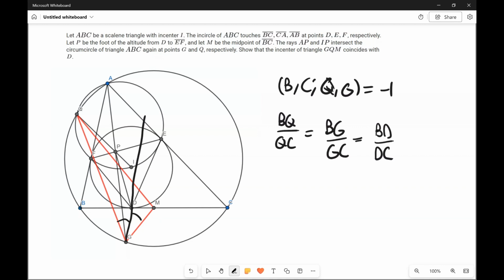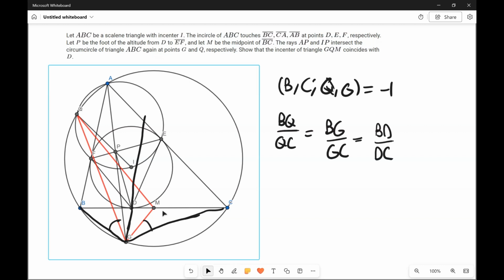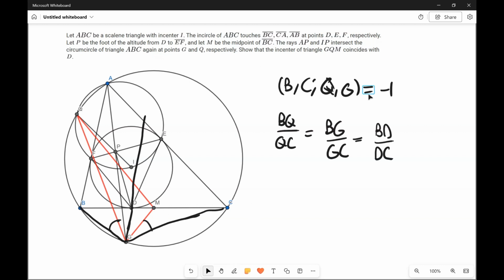So we have this line here and this line here. So once again, by our orthogonal line thing, we must show that this angle here is equal to this angle here. But we know that this quadrilateral is once again harmonic.